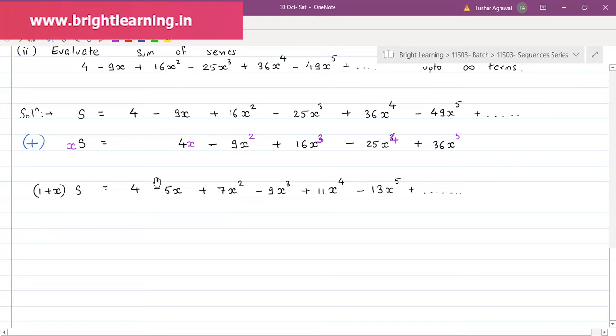Now this part from over here, minus 5x plus 7x square minus 9x cube and so on, is this an arithmetic or geometric series? 5, 7, 9, 11, 13.